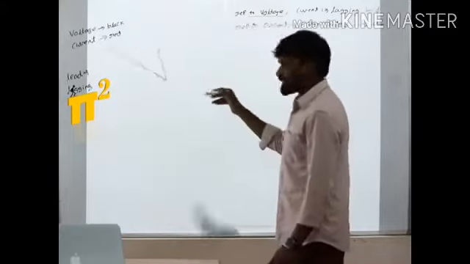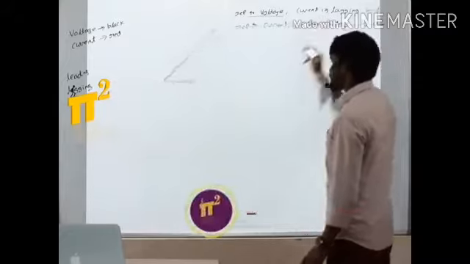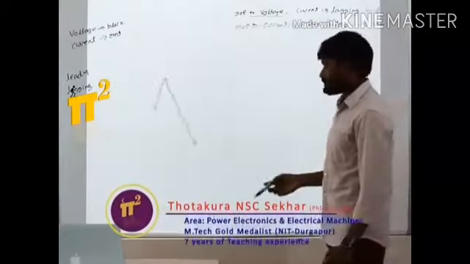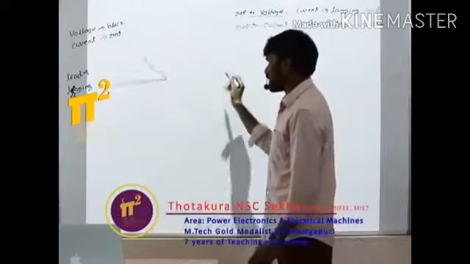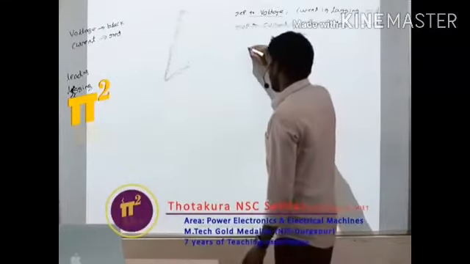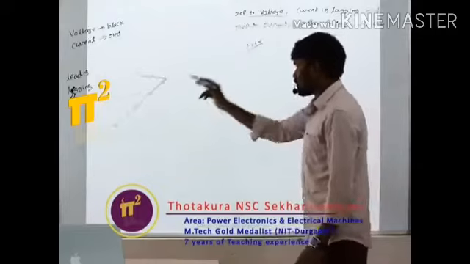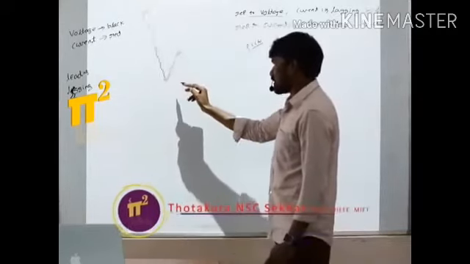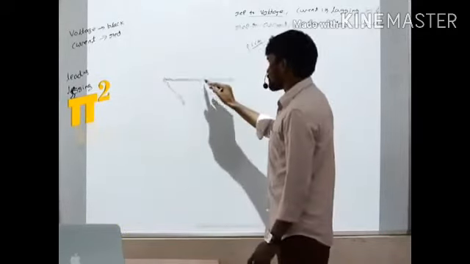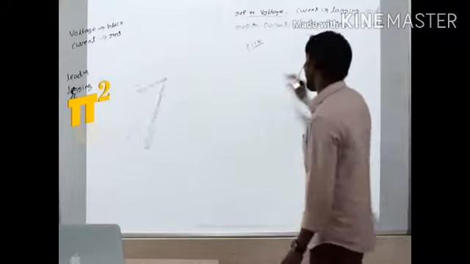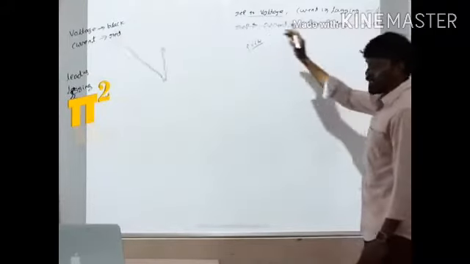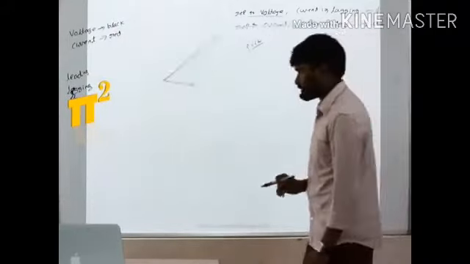So with respect to voltage, current is lagging. Why is it lagging? Because in which direction is it rotating? In the counterclockwise direction. So for this phase displacement, voltage comes to the reference first, then current is coming, so we'll call current lagging by angle phi.